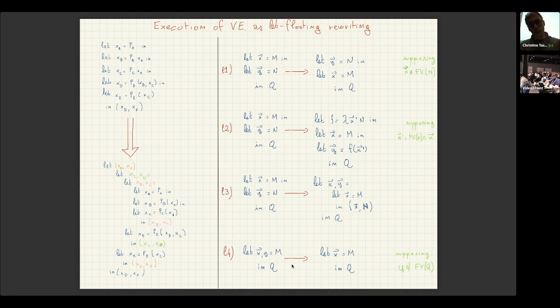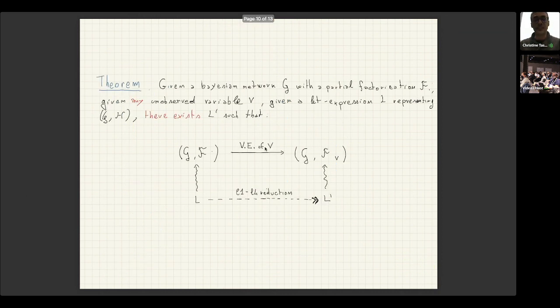So these 4 rules are enough in order to rewrite any representation of a Bayesian graph into a representation of any factorization of its algebraic expression. And this is given by this theorem. So you take a factorization of a Bayesian network, you apply the variable elimination in order to get a further factorization that eliminates the variable we are focusing on.